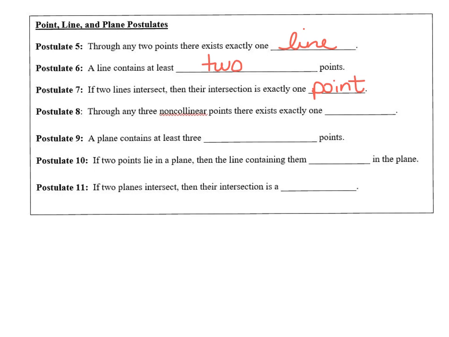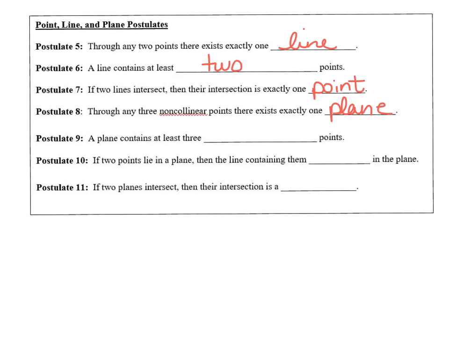Postulate 8, through any 3 non-collinear points, there exists exactly 1 plane. And we say that those 3 points determine the plane because there would be exactly 1 plane that would contain those 3 points. And it's important for them to be non-collinear points because if they were collinear or all on the same line, then there would be more than 1 plane that would contain those points.